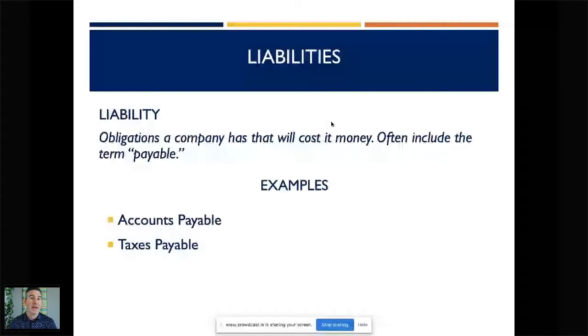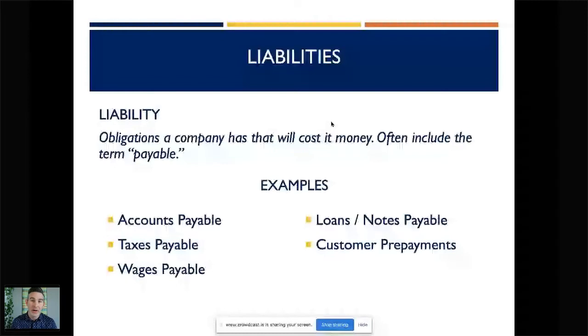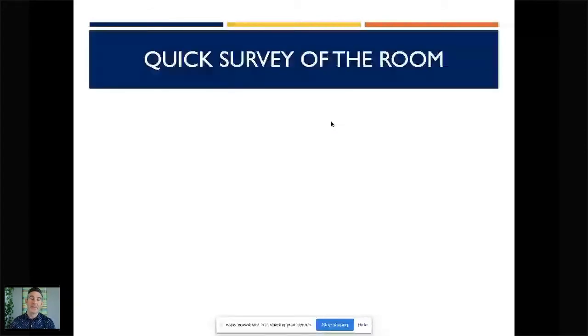This is probably a situation where you've cut a check to your employee and they haven't cashed it yet, so that's sitting out there waiting to be cashed. Then we have loans, which are types of debt, a loan or a note. There's credit card debt you could throw in there. Customer prepayments, where they pay ahead of time. Those are just a few examples, and there's plenty more.